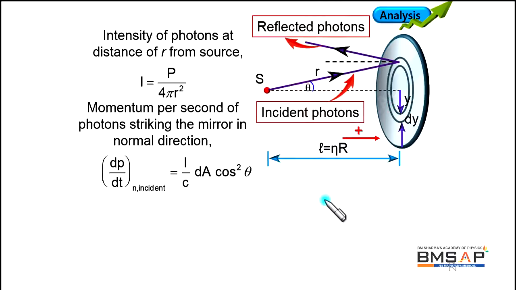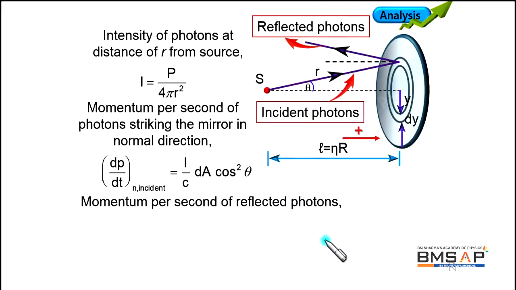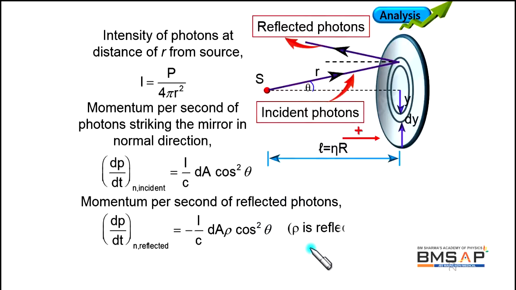Okay. Now, because this is a mirror, this radiation will reflect back. That means it will move in the negative direction, because we have considered the positive direction as rightward. That means the momentum per second reflected by the plate, dp by dt, should be equal to minus I divided by C dA cos square theta multiplied by rho, and rho is the reflection coefficient.